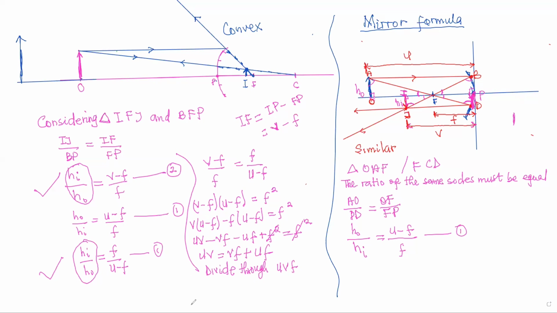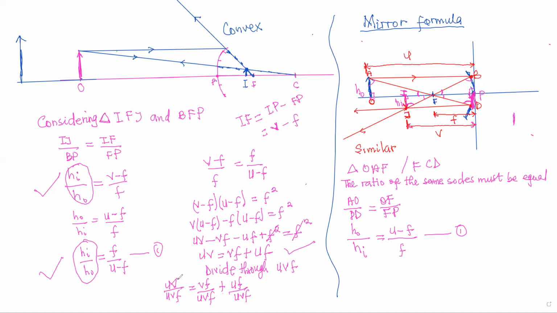Divide every member of this by the product UVF. So UV divided by UVF is equal to VF also divided by UVF plus UF divided by UVF. I'm dividing each term by UVF.